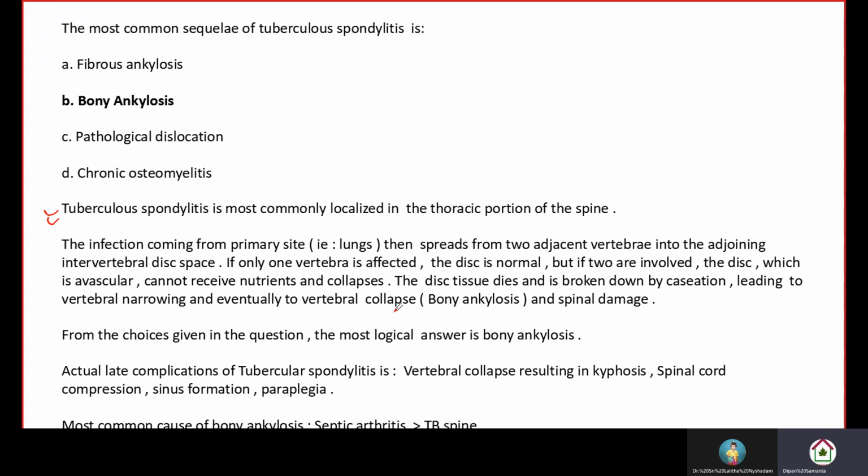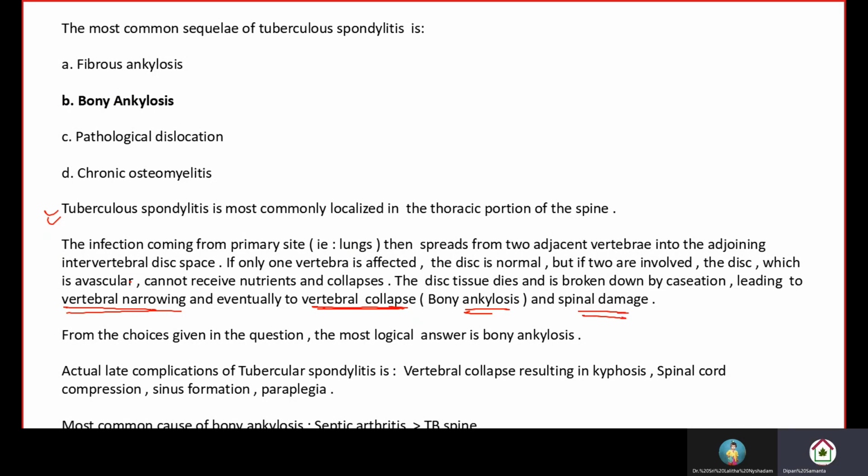But if two are involved, the disc, which is avascular, cannot receive nutrients and collapses. The disc tissue dies and is broken down by caseation, leading to vertebral narrowing, eventually to vertebral collapse, bony ankylosis, and spinal damage. So we choose bony ankylosis as the answer.